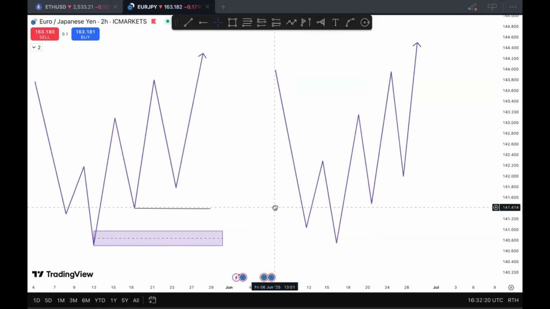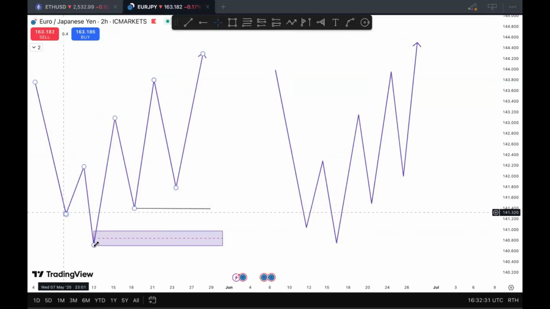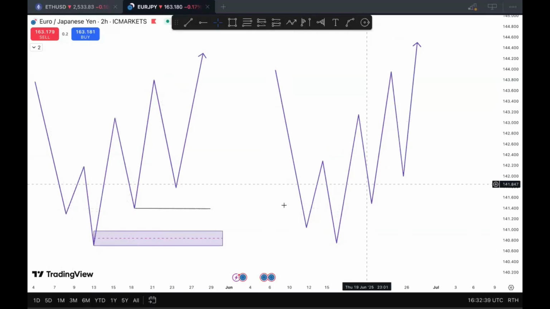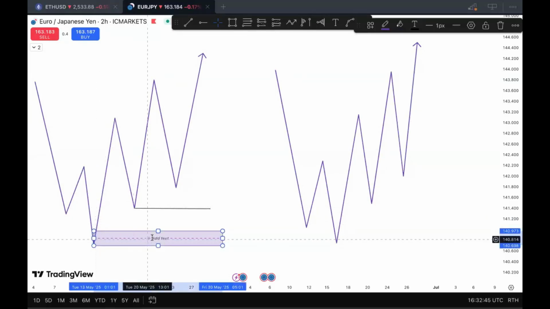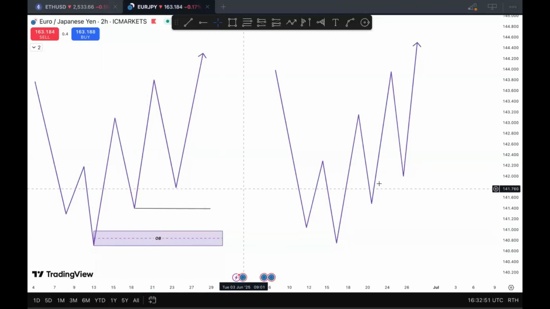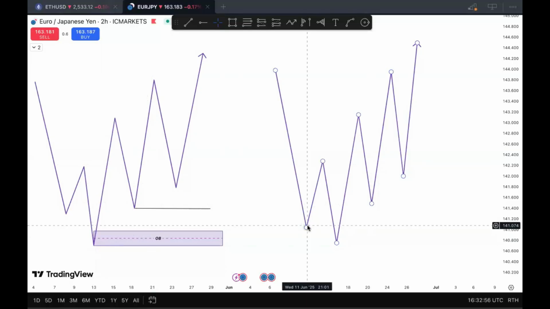You can see the difference: this is your last break of structure, far from the main low, and it has been taken by the structural liquidity. That's where price bounced back from. In this case, you choose your order block, OB, as your entry.